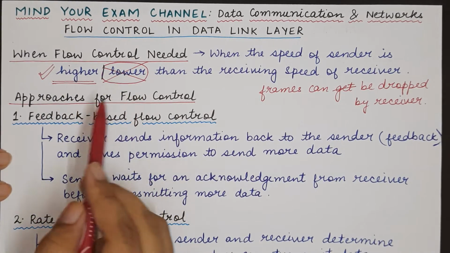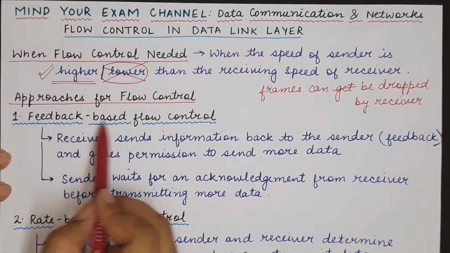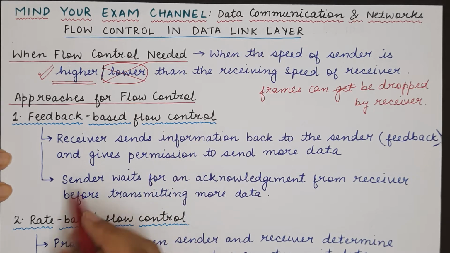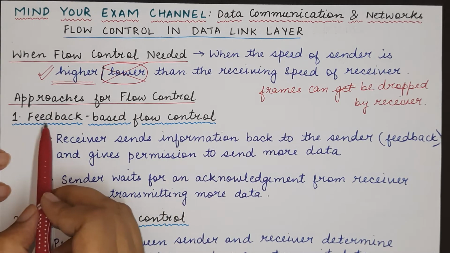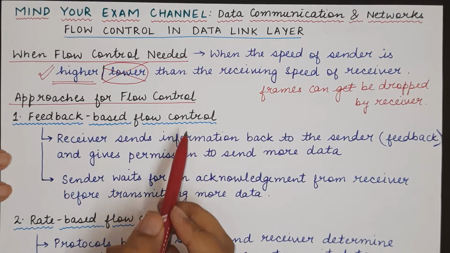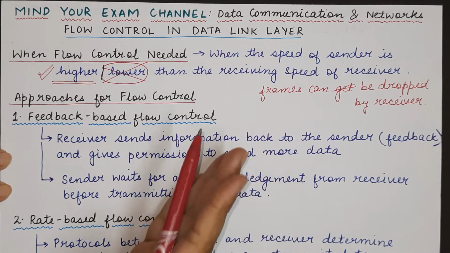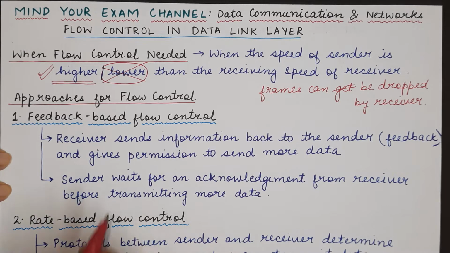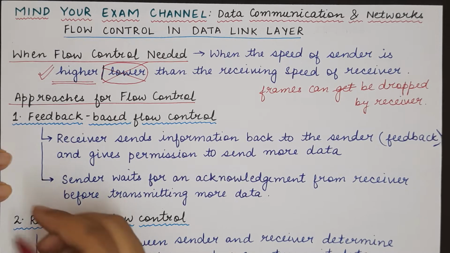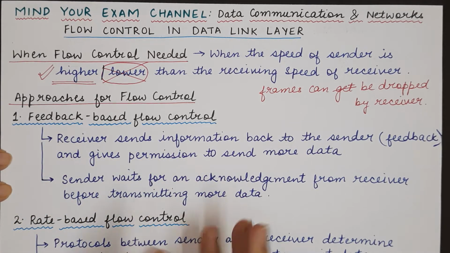Now, what are the two main approaches for performing flow control? The first is feedback based flow control and the second is rate based flow control. Starting with feedback based flow control: feedback basically means that the receiver will give information to the sender, about whether to send more packets or to wait for some time so that the receiver gets time to process the previous packets.